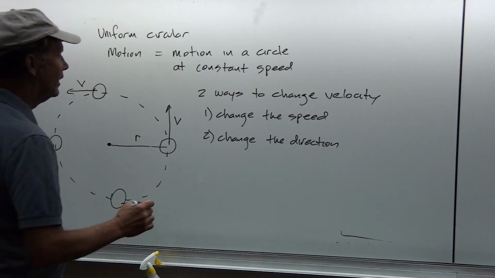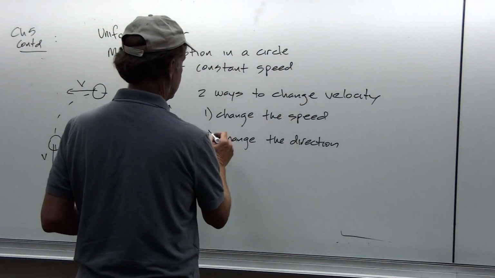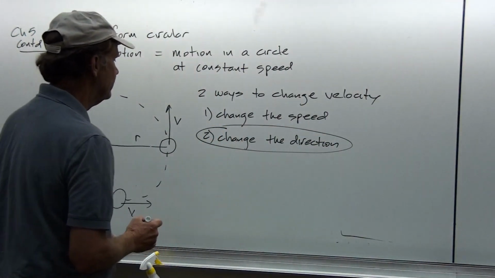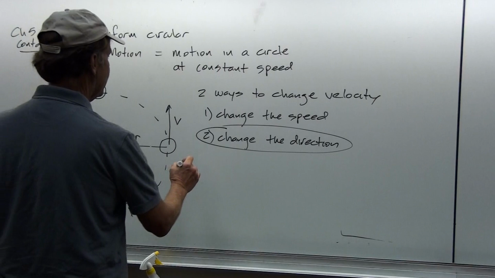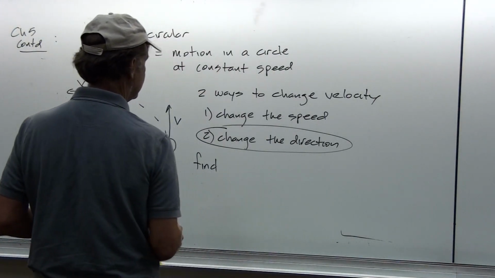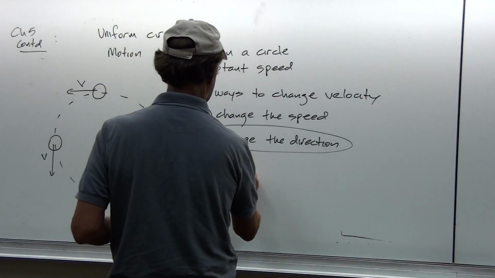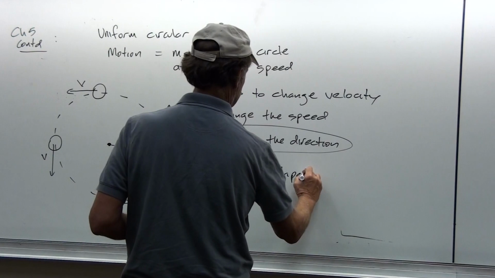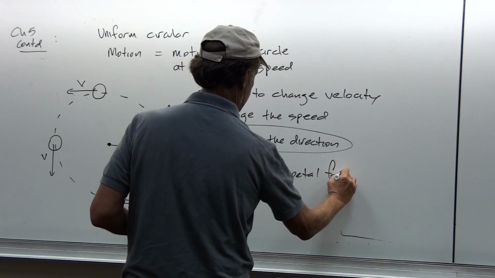Our goal then in uniform circular motion, first of all, is to find the centripetal force. Let's find the force necessary to create that kind of acceleration.